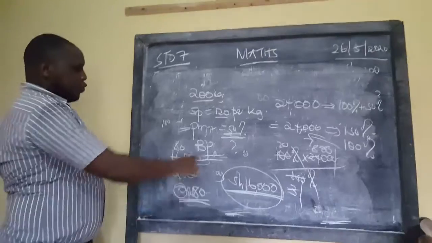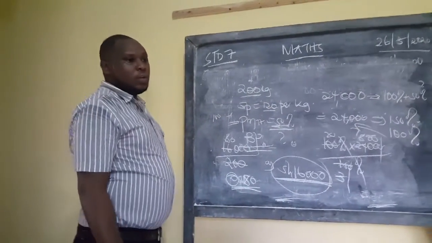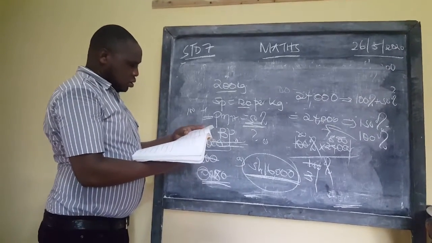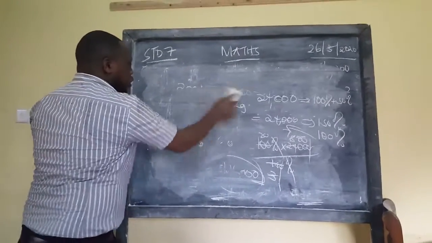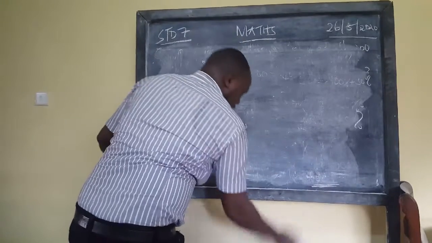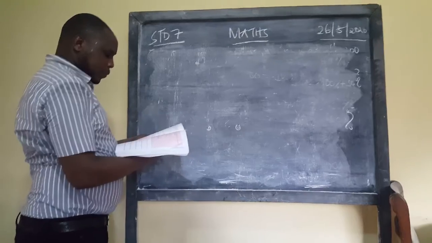So you can see from 80 to 120. So I think up to that moment, learner, you can be able to calculate any question when you are given the percentages. I'm going to do the last one.